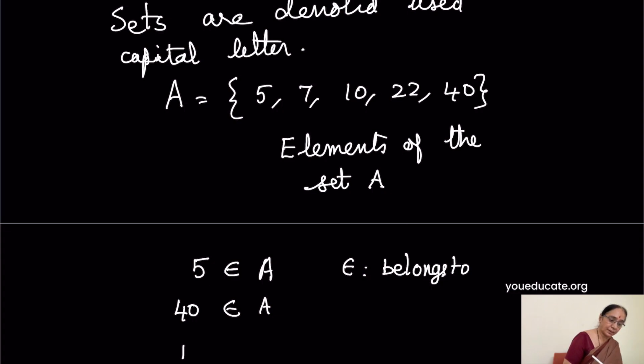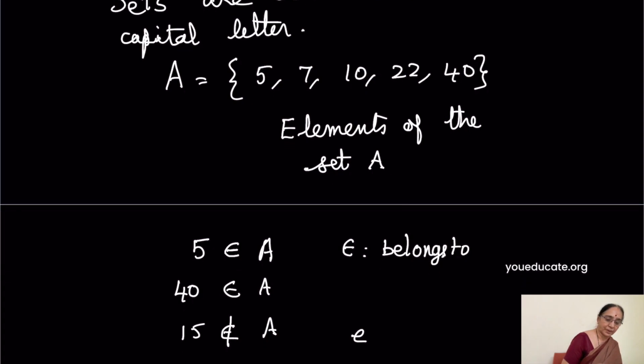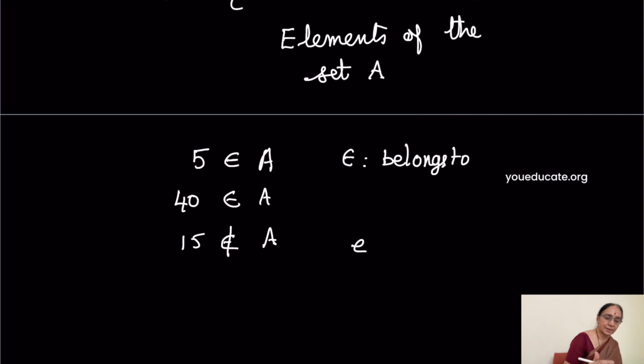Now when I write 15, no, it doesn't belong to A. So you put a slash across this symbol. Now this symbol is a Greek alphabet. It is equivalent to our E in English, the lowercase. It is read as epsilon. In Greek they call it epsilon. But then you know that this is the symbol used for belongs to.